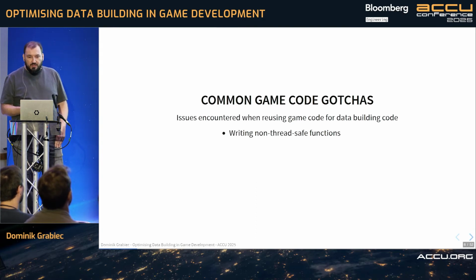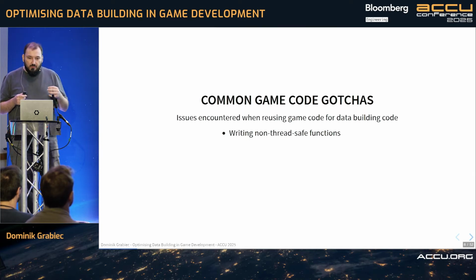What I mean by that is, sometimes in games you can write functions that will only be run once in a frame. So you make certain assumptions, like putting in static variables or thread locals to cache a result, for example. So if you call that function multiple times in a frame, you can reuse the value.